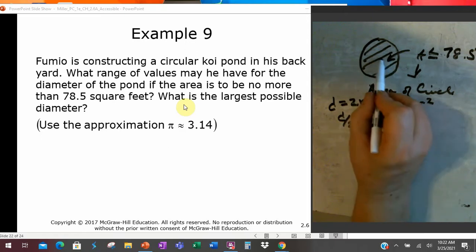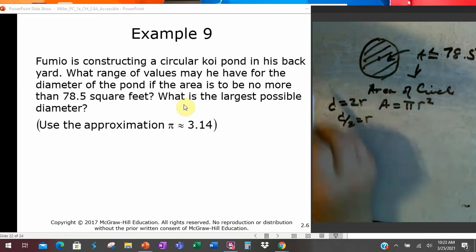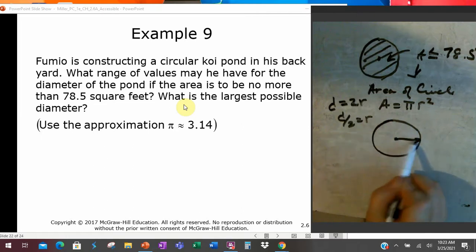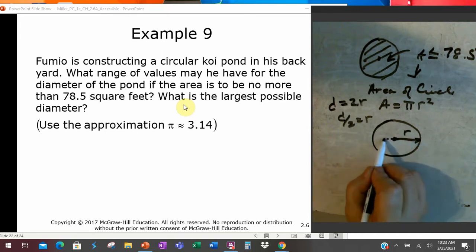So here is a picture. From the middle to any place on the circle is all the same distance. That's the radius. This is r.